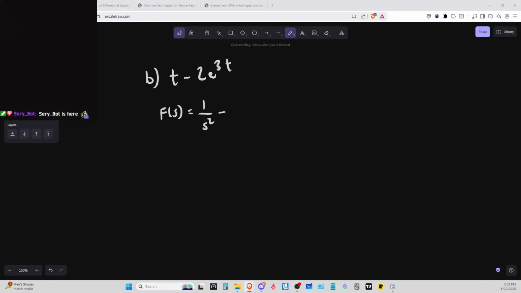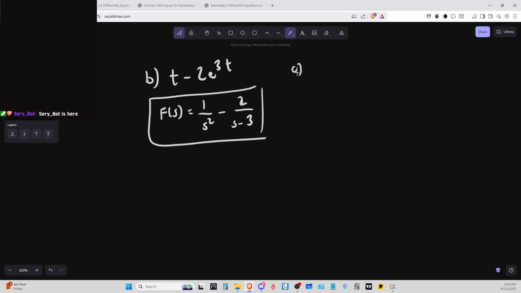Oh no, E is totally different. It's minus a. Okay, so I have to remember that. I think we're going to have a 2 on top here, and the a is supposed to be 3. So E is going to be 1 over s minus a. So I think that is our solution there.